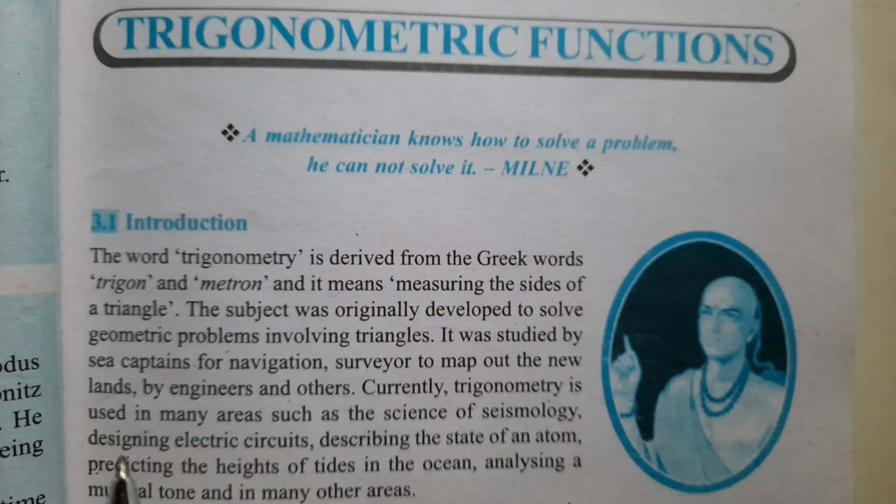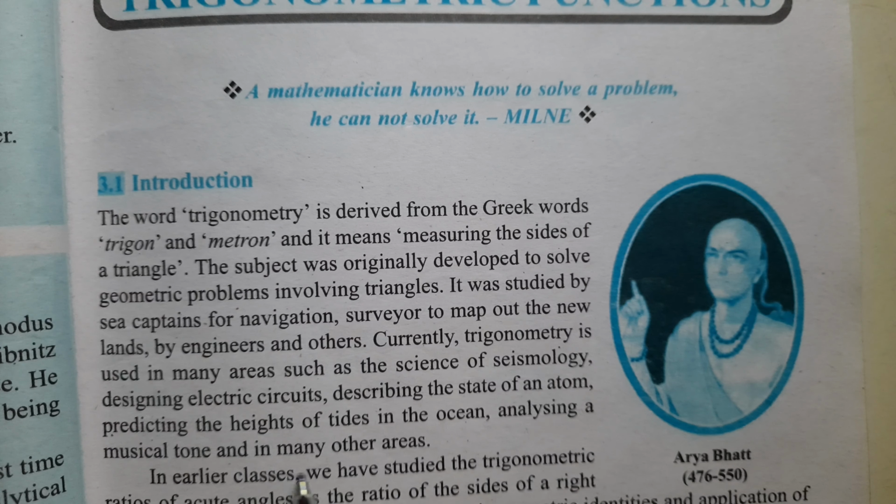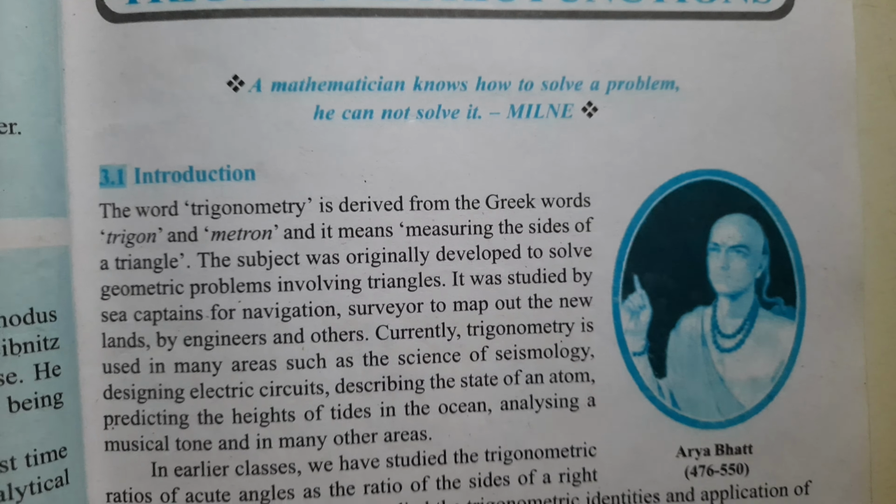Currently, trigonometry is used in many areas such as the science of seismology, designing electric circuits, describing the state of an atom, predicting the heights of tides in the ocean, analyzing a musical tone, and in many other areas.